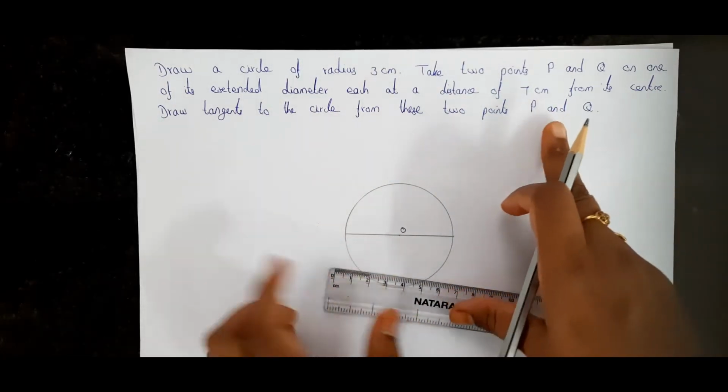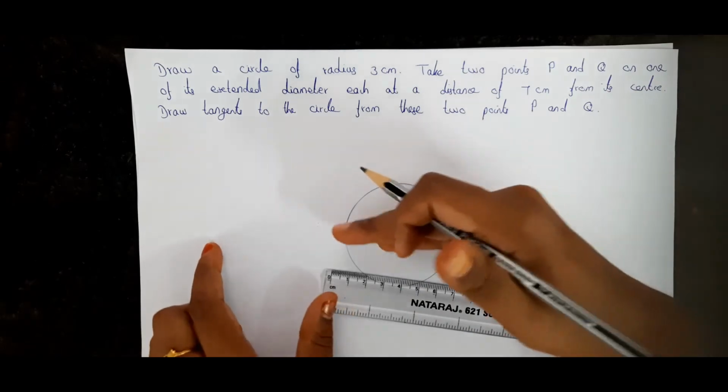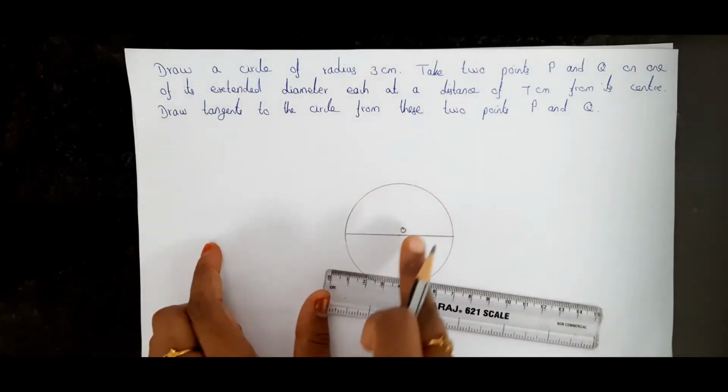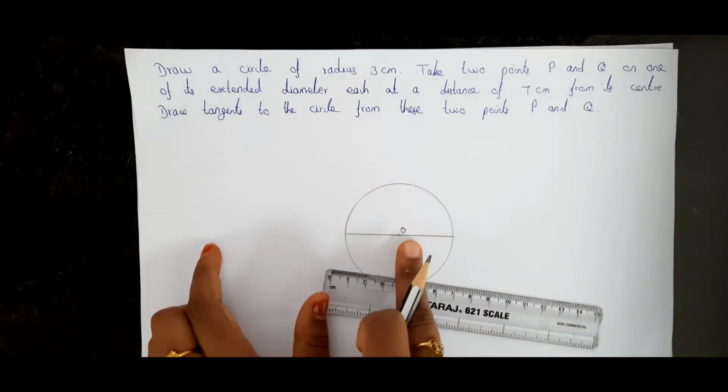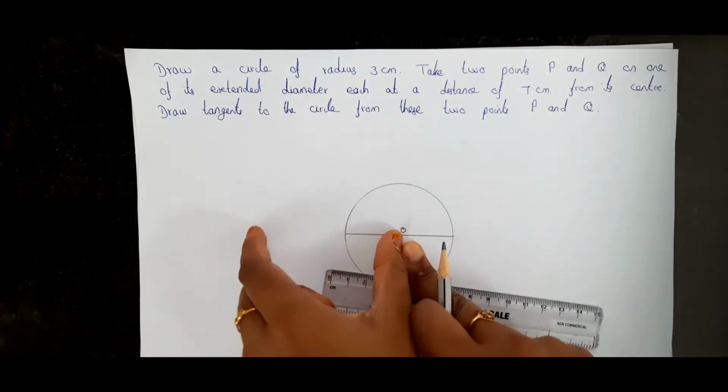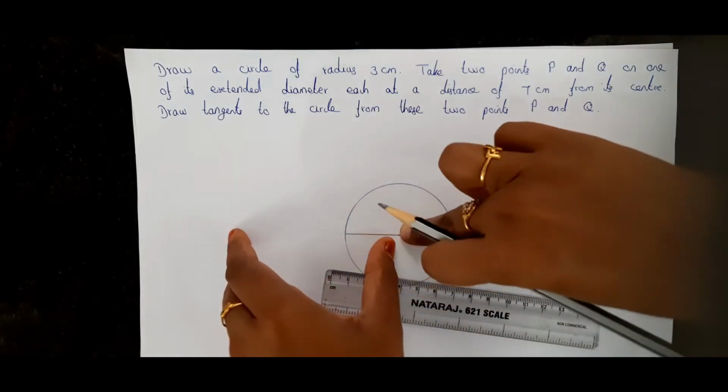How will we get this P and Q? We have to extend the diameter from the center 7 cm. If you extend, we will get P here and Q here, right?